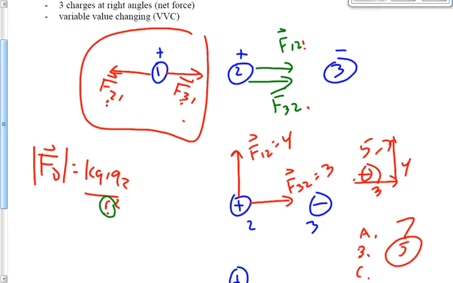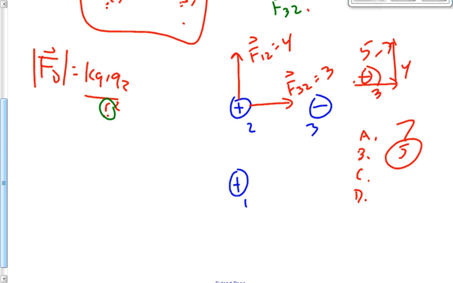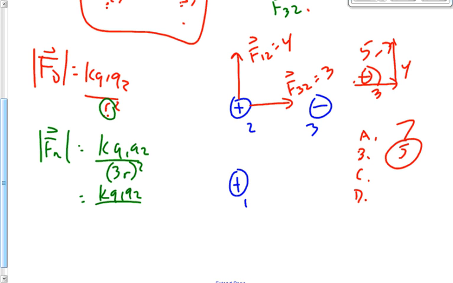Or if we triple the distance, we're squaring the 3 and the r. So let's say it becomes 3r. Well, it would be k q1 q2 over 3r squared, which is k q1 q2 over 9 r squared once we put it outside the brackets.